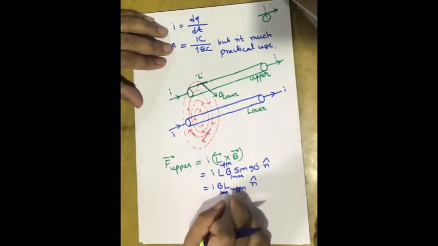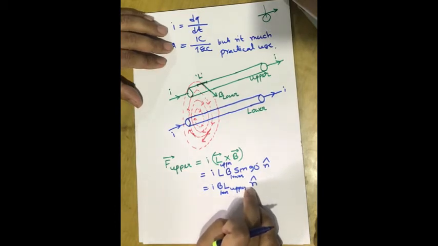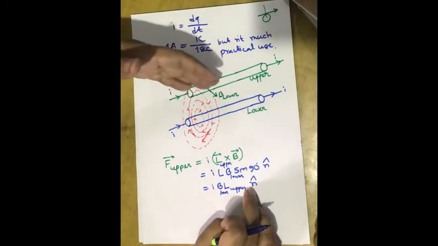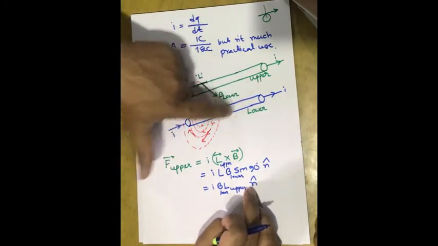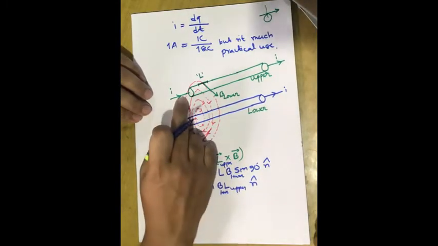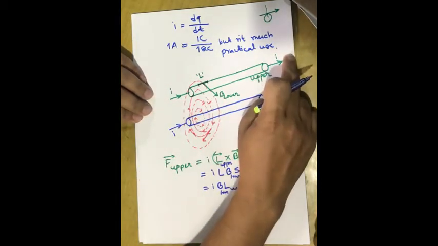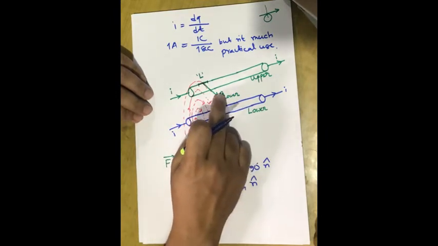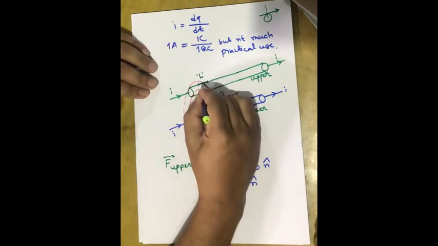Now we are going to determine the direction of the force, in which direction the force is acting. This force is on the upper wire due to the current flowing in the lower wire. As you can see, if the length vector is in the x direction, and the B vector is perpendicular, say in the y direction, then the force will be along the z direction.